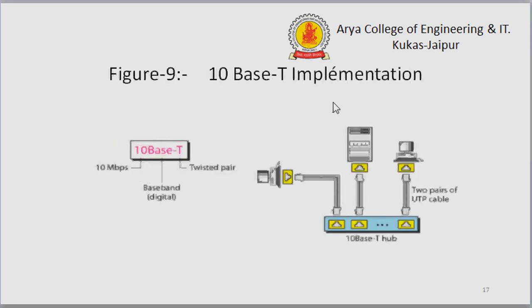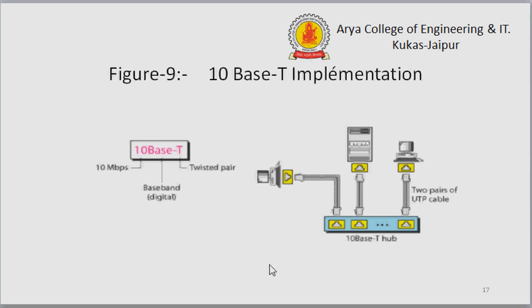Another diagram is the 10BaseT implementation, where 10 stands for 10 Mbps, Base for baseband digital and T for twisted pair. This is the third implementation of traditional Ethernet. It uses a physical star topology. The twisted cable is used instead of coaxial cable. This uses the unshielded twisted pair as medium.